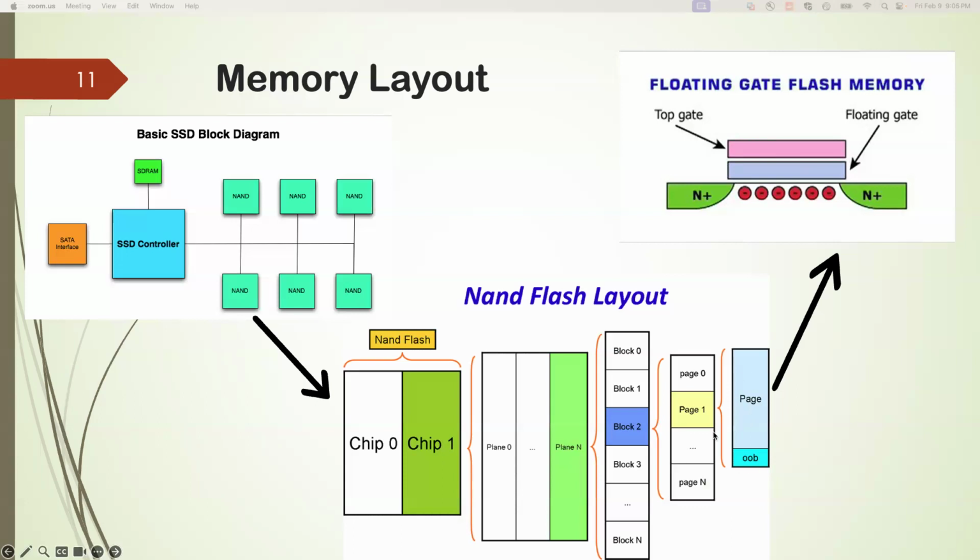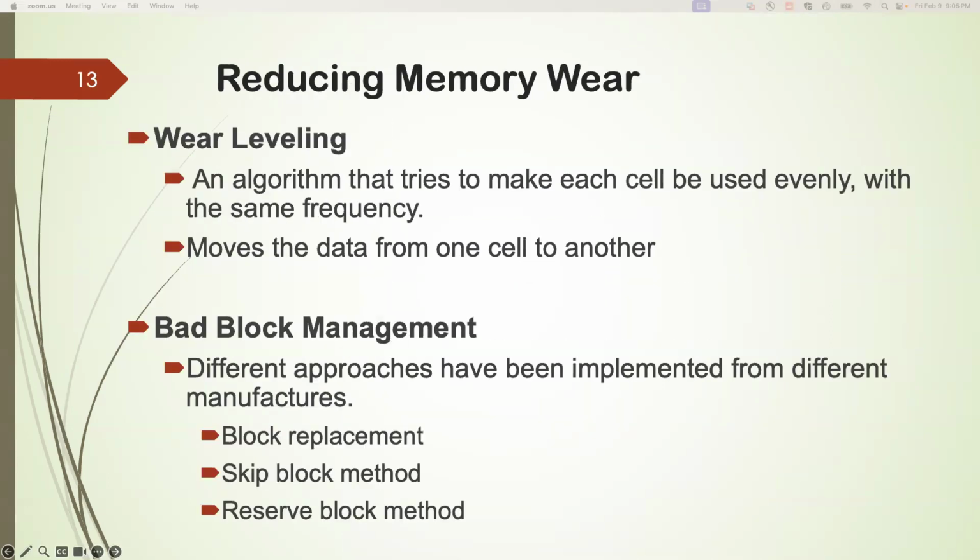Now, if any of the existing cells in any of these 5 chips, or any block, is damaged over time, then the SSD controller will shift into reading and writing the data in the blocks that are in the spare memory. It will tap into the reserve blocks that were not initially advertised to the user, but now the SSD will start using them.